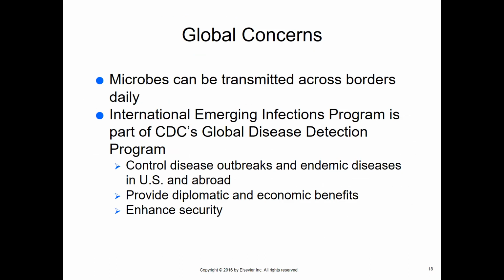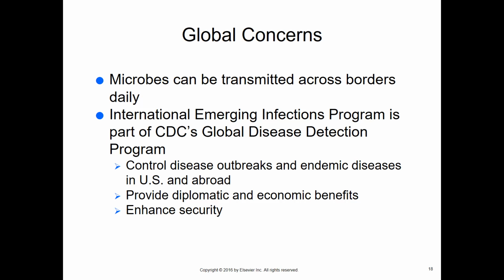So as far as global concerns, the microbes can be transmitted across the borders daily. We have these international emerging infections. That's part of the CDC's global disease detection. So we need to use things like surveillance so that we can control the outbreaks and the endemic diseases both in the US and abroad.